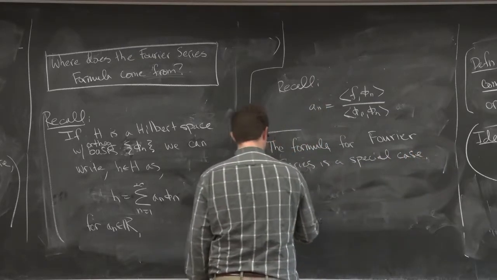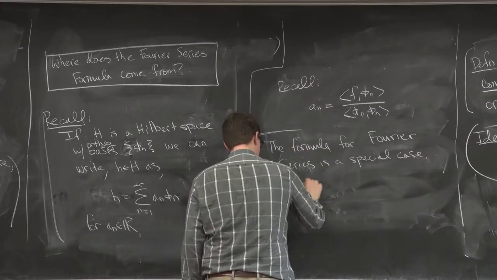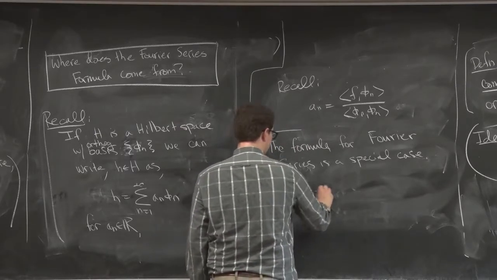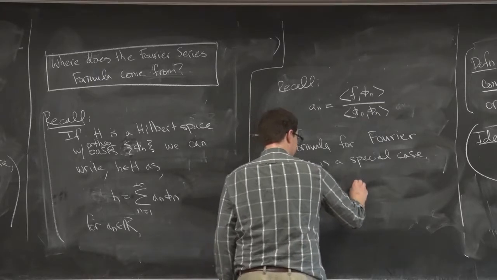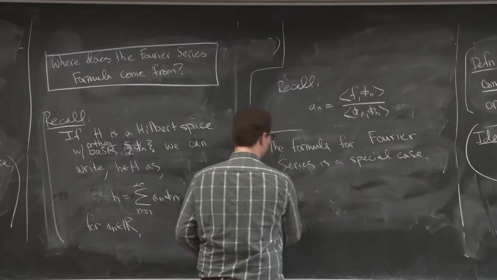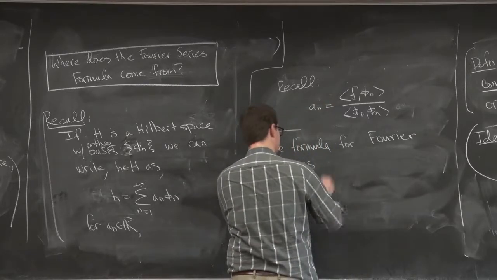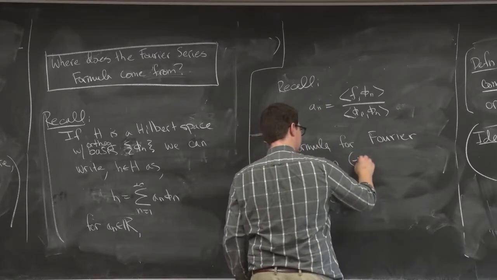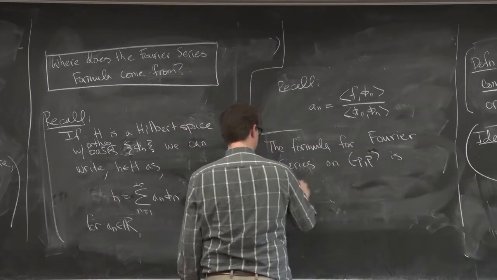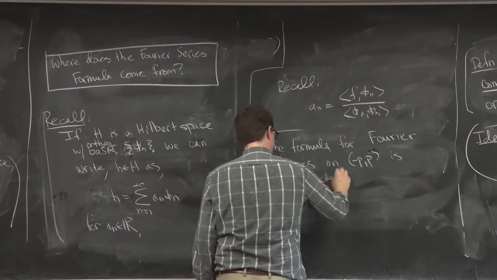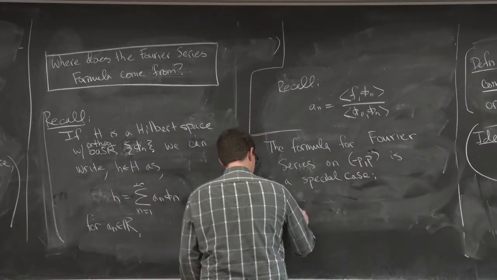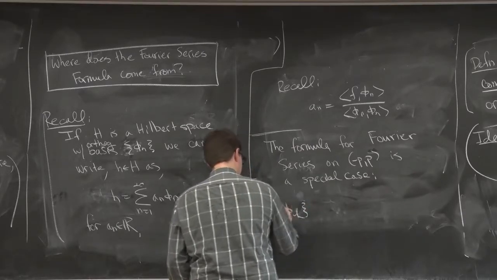So phi n here, let's say phi k. So this was the set 1. Let's say Fourier series on the interval minus p to p. So here, let's do phi k.